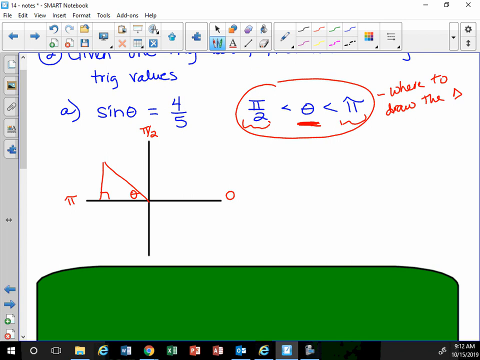Okay, side length. I tell you sine of theta is 4 over 5. Well, we know that that is opposite over hypotenuse. So in my triangle, I need to label the opposite side as 4 and the hypotenuse as 5.